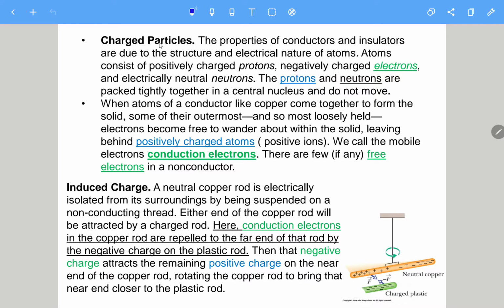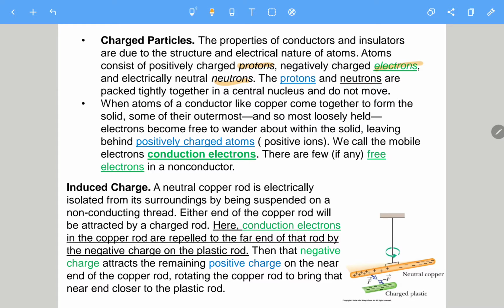Okay, so charged particles: the properties of conductors and insulators are due to the structure and electrical nature of atoms. Atoms consist of positively charged protons, and we also have neutrons and electrons.